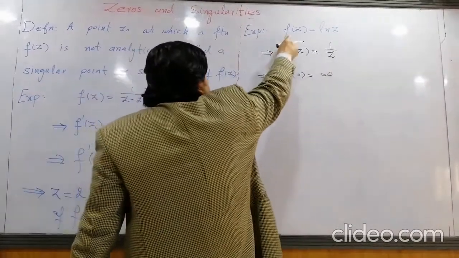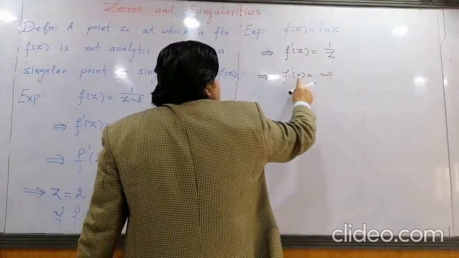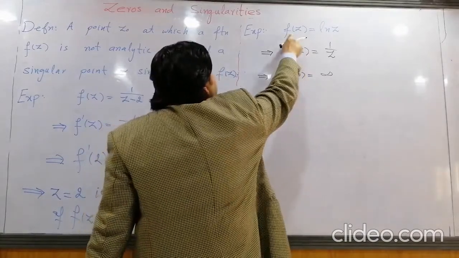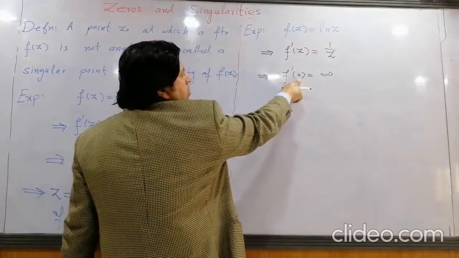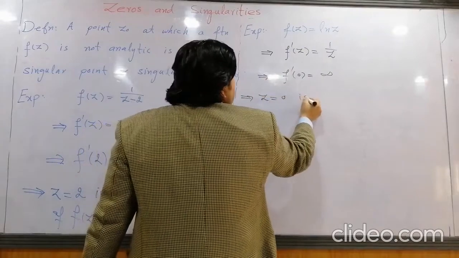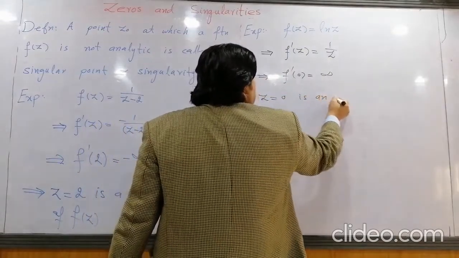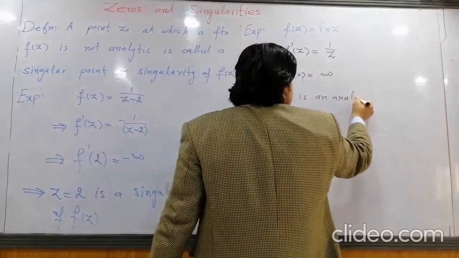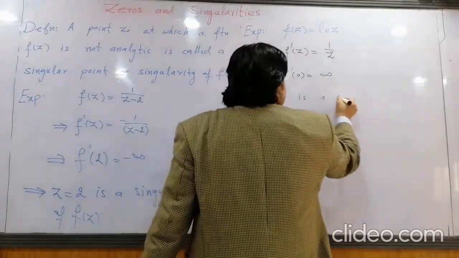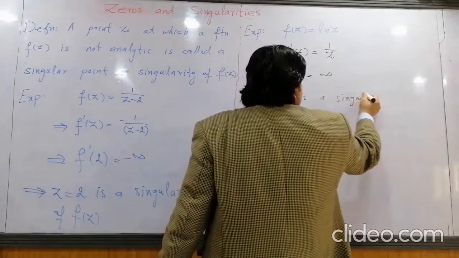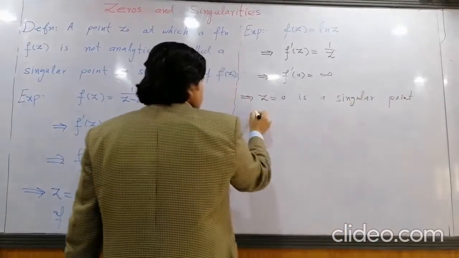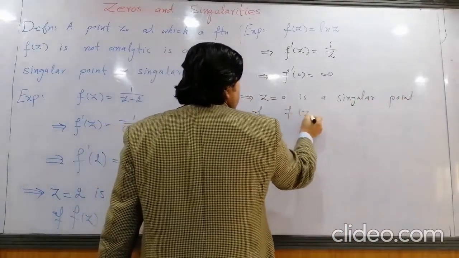So the function f of z is not differentiable at the point z is equal to 0, hence it is not analytic at the point z is equal to 0. And this implies that z is equal to 0 is a singular point of the function f of z.